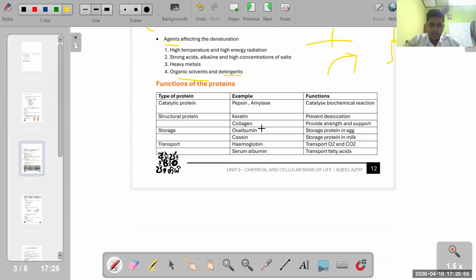Storage proteins. Example, ovalbumin. This stores protein in egg. Now, we know that egg is a source of protein. Normally, gym freaks, the individuals who are involved in gyms, have a very good aspect with respect to eggs. Why? Because their routine goes on with egg, since they have been guided that egg is a good source of protein.